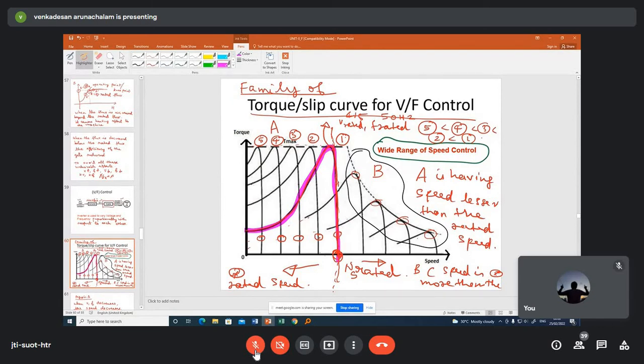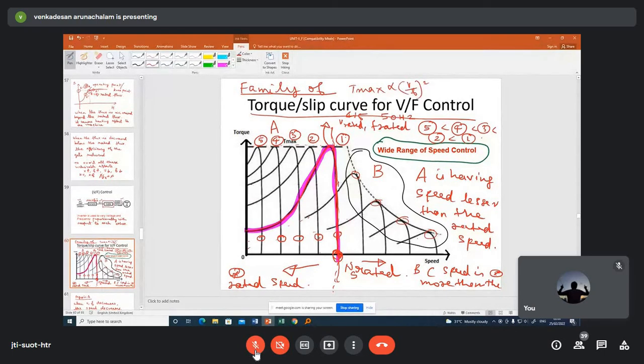When you decrease the frequency, voltage is also decreased in proportion to the frequency. So the V by F ratio will be maintained constant, because T max is proportional to V by F whole square.